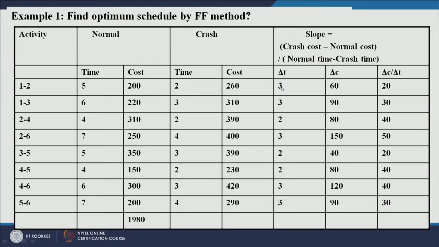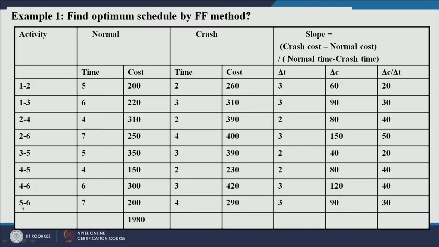So the crash limit, or delta t, is 3, and the change in cost is 60, right? So the change in cost per day is 20 rupees. So this is for activity 1, 2.